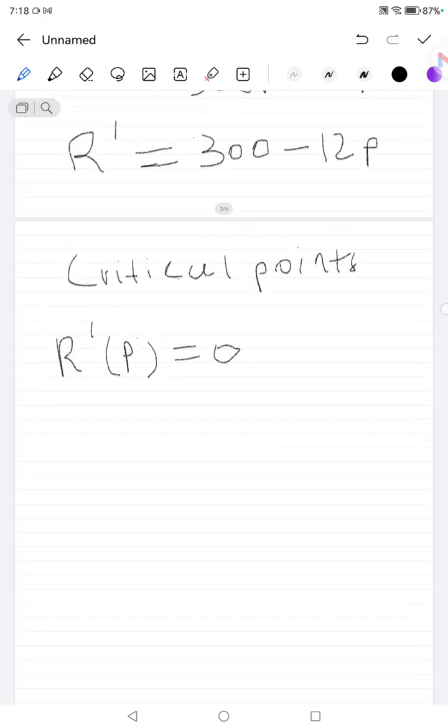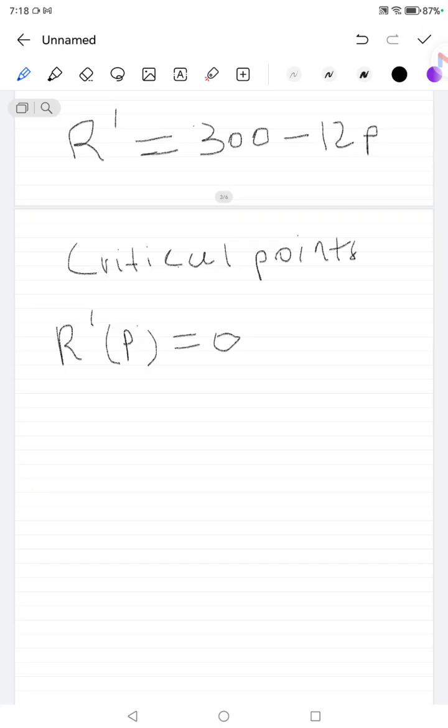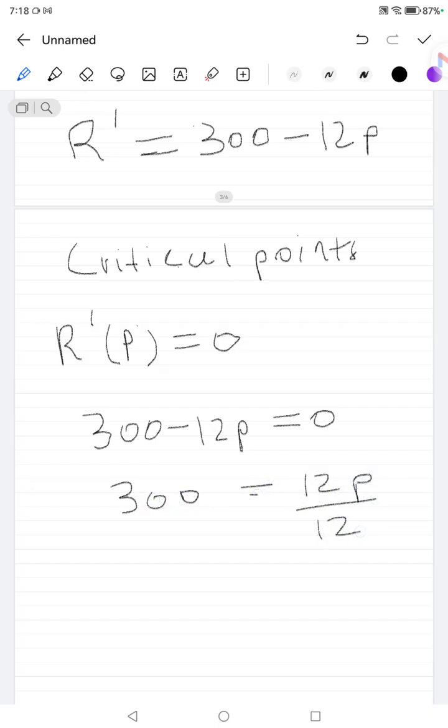So you're basically equating this to 0. Then you have your 300 minus your 12p equals 0. Then you have your 300 equals your 12p, divided by 12, divided by 12. Then your p is equal to what?